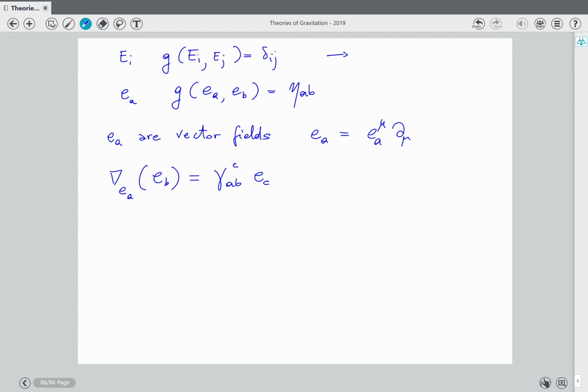So these are the Christoffel symbols in this basis. The indices a, b, c will be called flat space indices. And the indices μ, ν, ρ will be called spacetime indices.